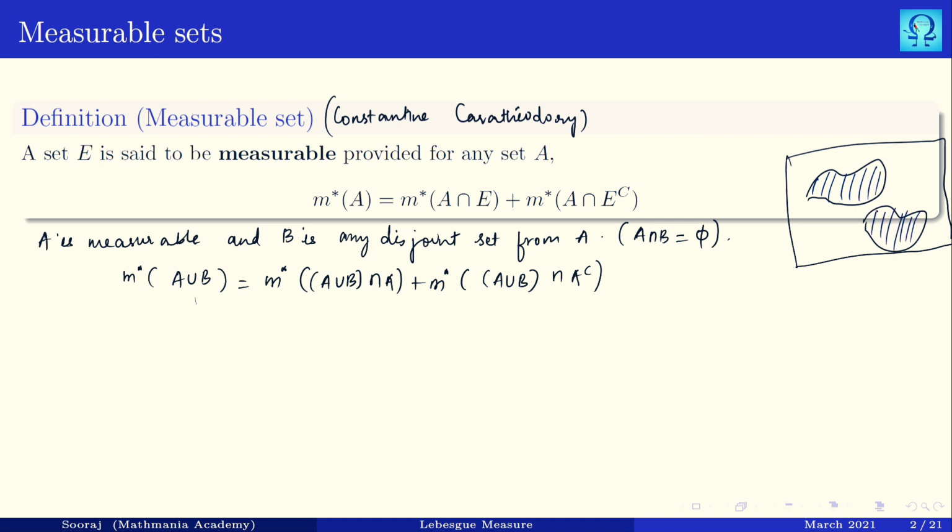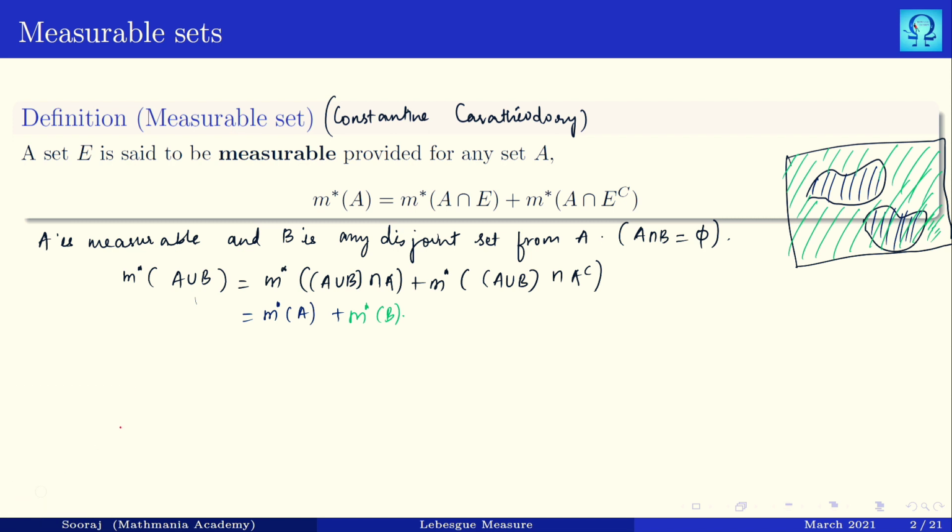When you take the intersection with A, you get only A, so this is m star of A. If you identify A complement, and make the intersection of A complement with A union B, you get only B. So that is m star of B.